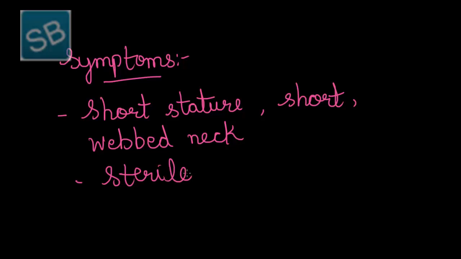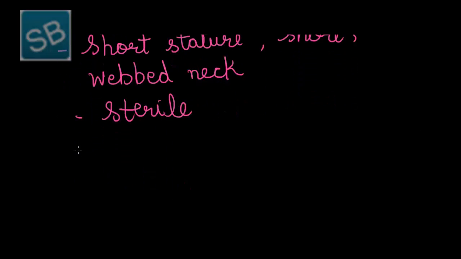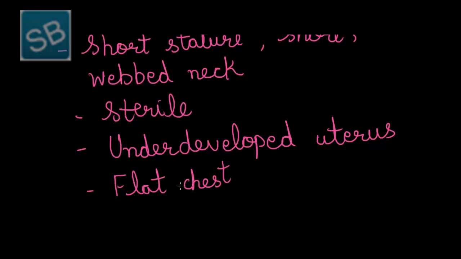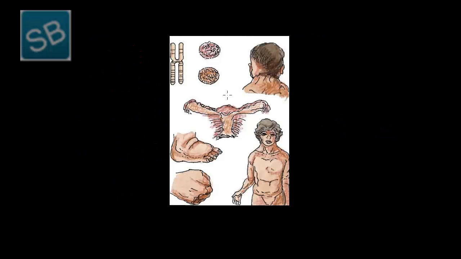That is, although they are women, their reproductive organs are poorly developed. Further, they possess an underdeveloped uterus and a flat chest, that is almost flat chest. This figure depicts an individual who suffers from Turner syndrome.